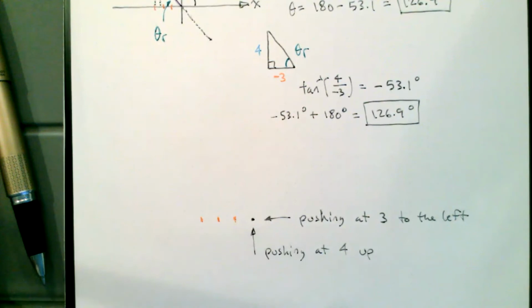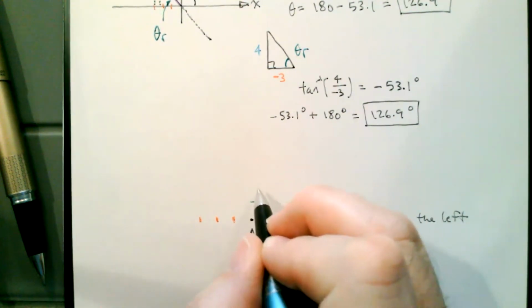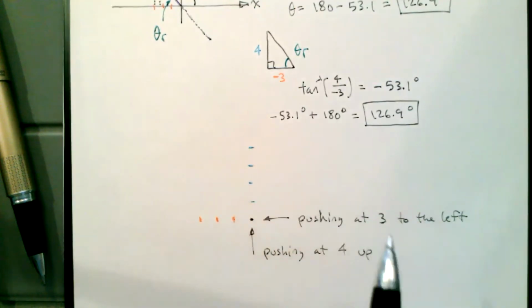We make that a vector of -3, 0, and the pushing 4 up we make a 0, 4, and find the resultant motion.